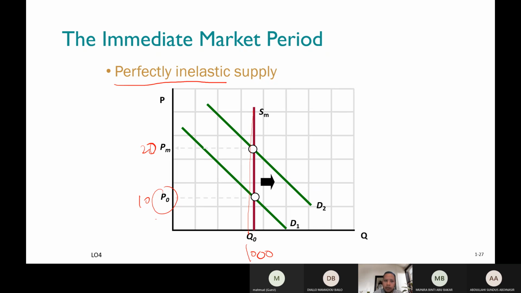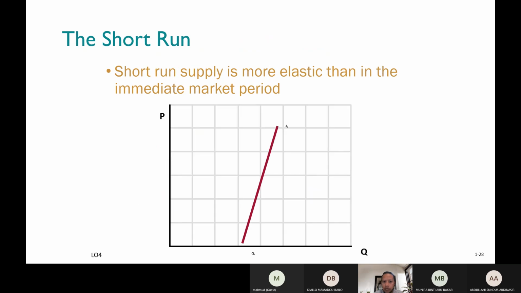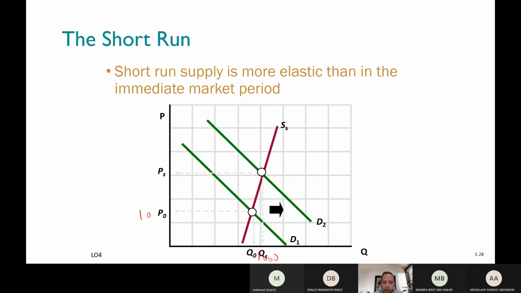But in the short run, let's say you have more time, the shape of your supply curve changes. Previously, the quantity is 1,000 here, price is 10 here. If you have more time, when the demand increases, now the price increases to 20, but you can also adjust the amount of chicken that you can sell. So now maybe you can sell 1,200.